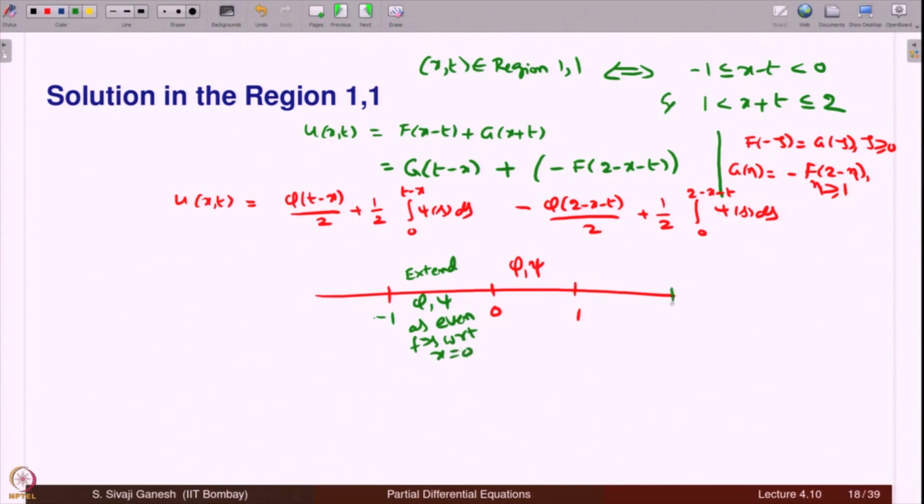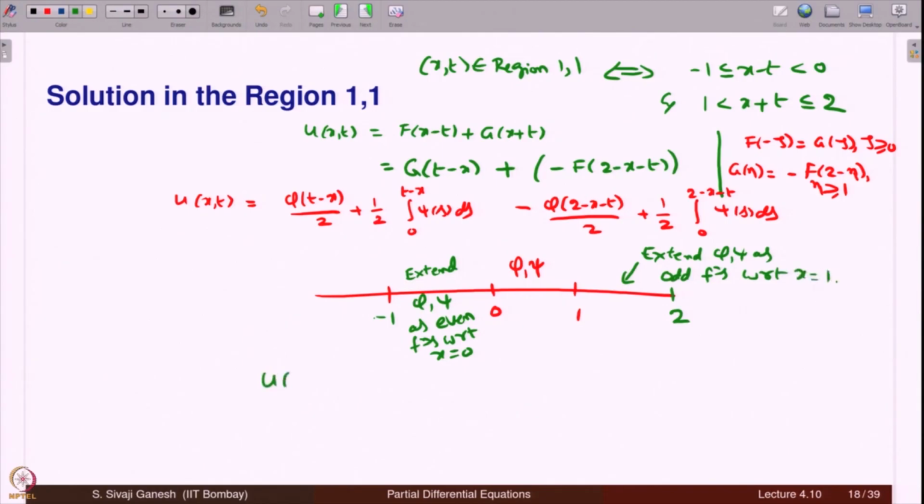In 1 comma 2, here you extend as odd functions. Extend phi, psi as odd functions with respect to x equal to 1.